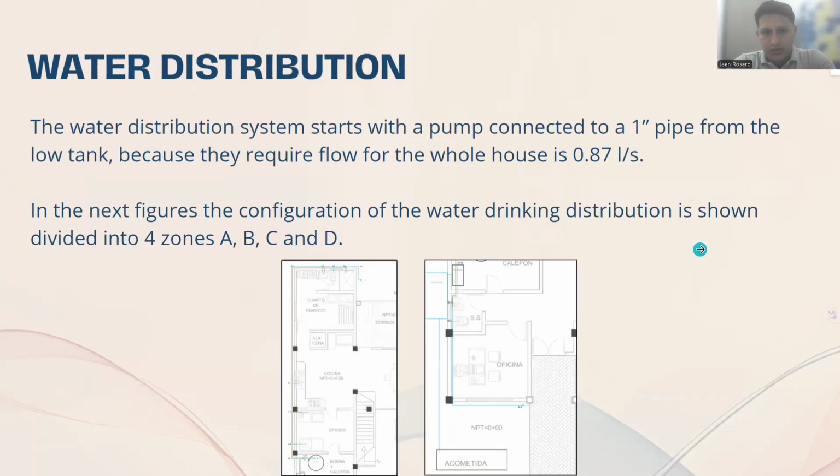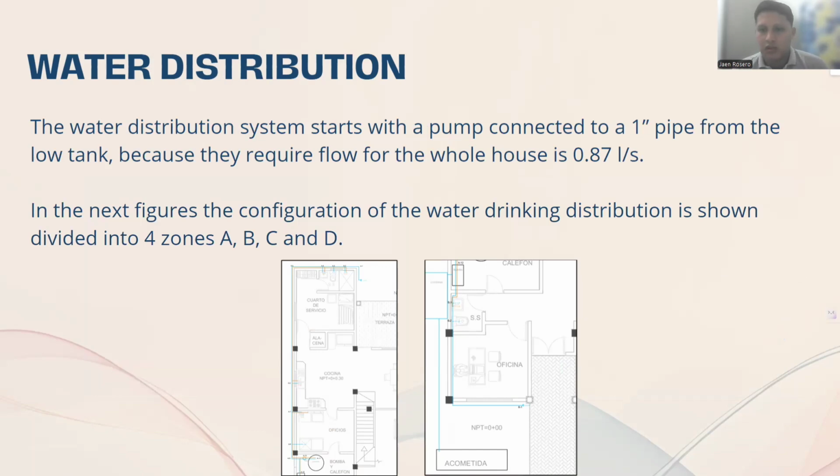Okay, the next slide is the water distribution. In the water distribution, the system starts by connecting to one pipe for the log stand, which carries 0.18 liters per second for the wall use.